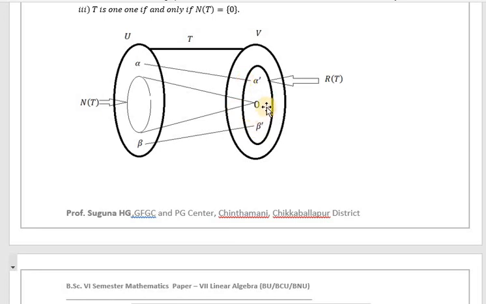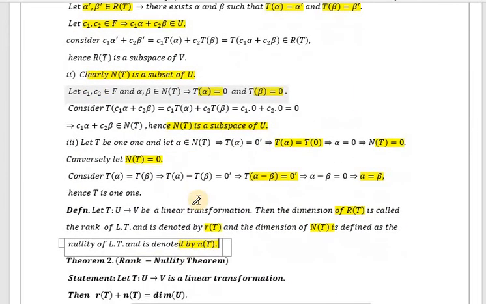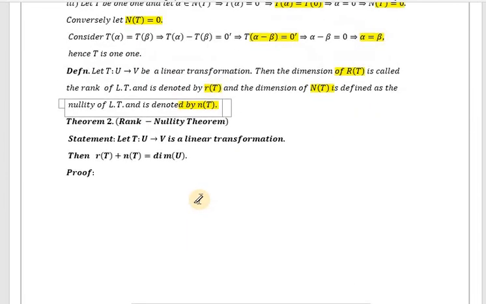The number of elements present in R of T, that is the range space, gives us the rank. The range space is a subset of V, the null space is a subset of U. So based on this, let us prove an important theorem, the rank nullity theorem.